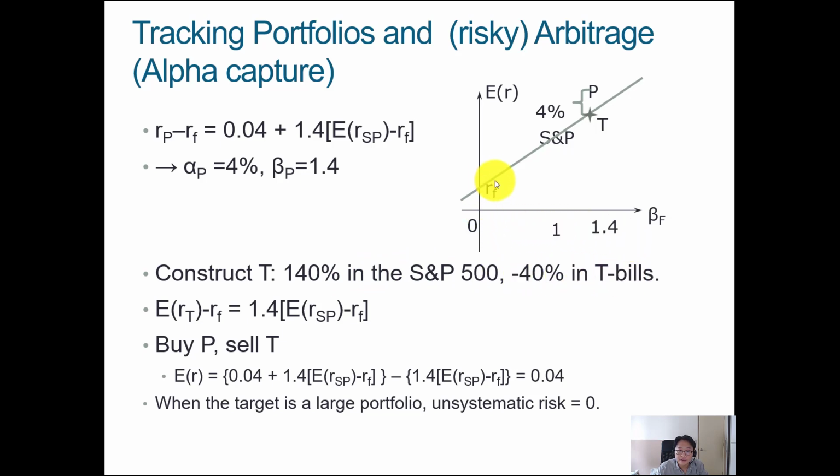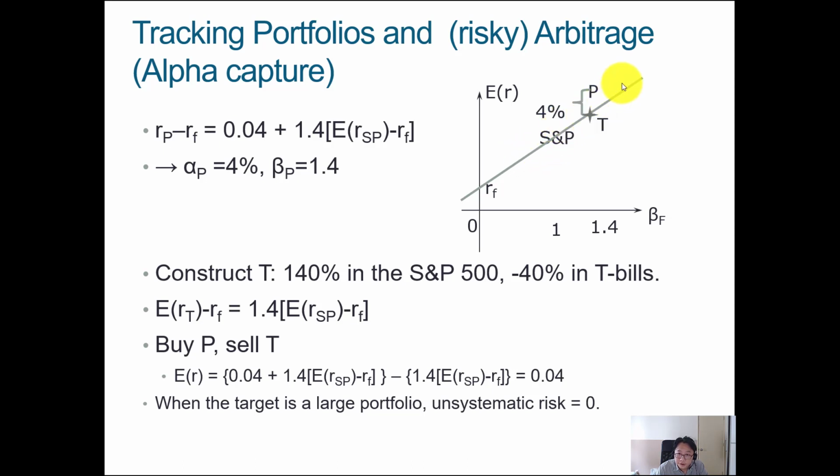So if we move up this line, we know that when we're at this point, we're fully invested in the risk-free rate and not invested at all in the market portfolio, which is S&P. As we move up this line, our weight on the risk-free asset goes to 0, and our weight in S&P 500 becomes higher and goes up to 1.